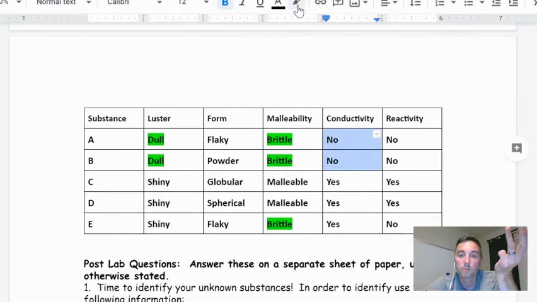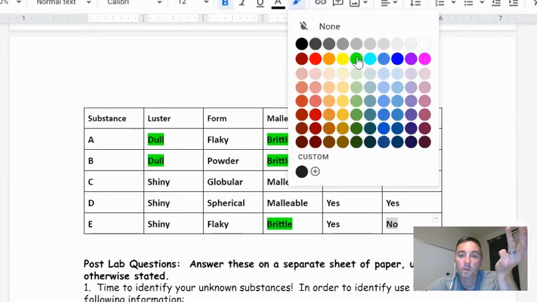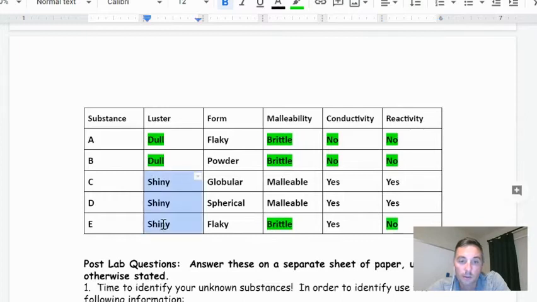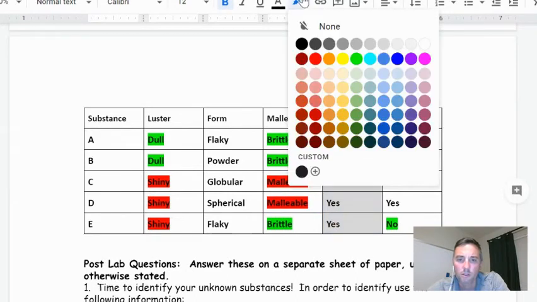And then obviously the other way would be shiny, malleable, and does react with acid. I'm going to highlight those red just so we can see them. Unless you're colorblind, then I guess you might not be able to see this. This was not good planning by me.